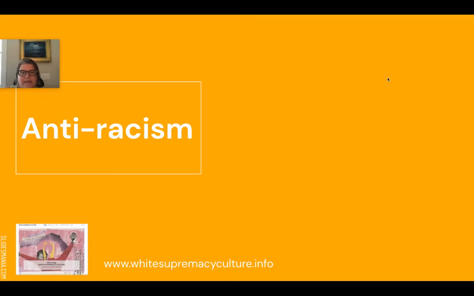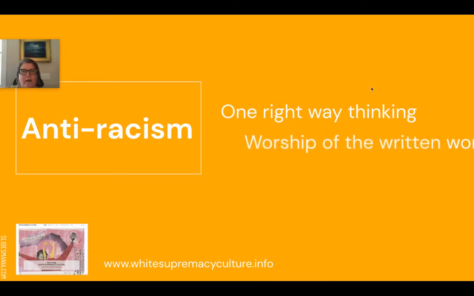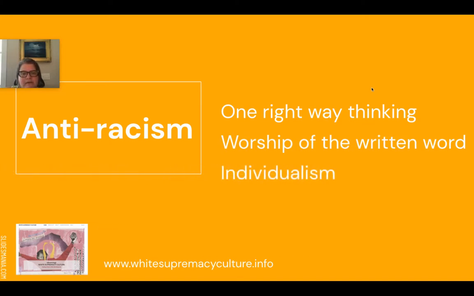So we're going to be thinking today about the characteristics of white supremacy culture, most particularly one, right way thinking. We're going to be thinking about worship of the written word, and we're going to be thinking about individualism.